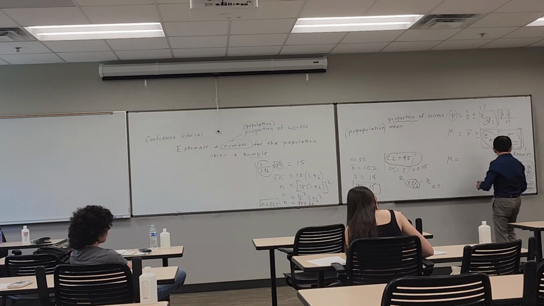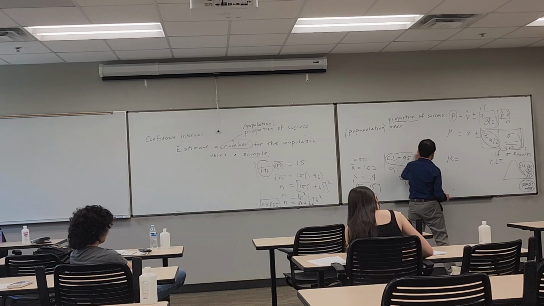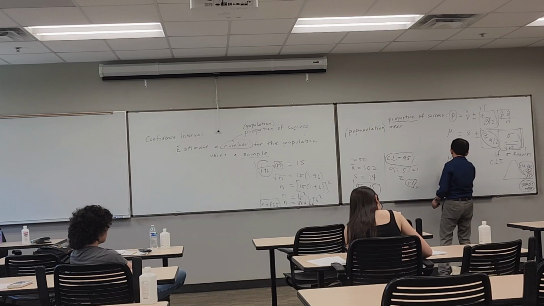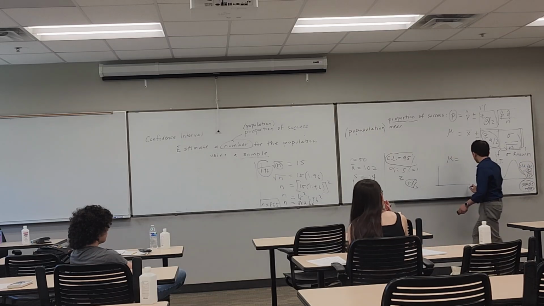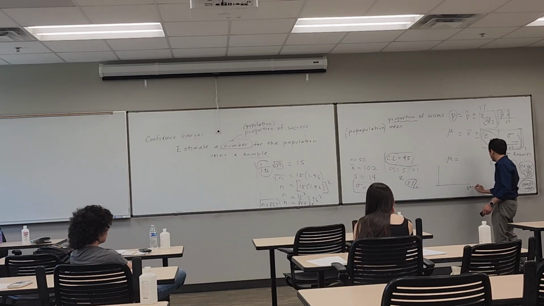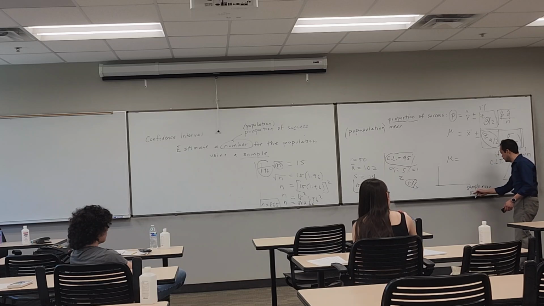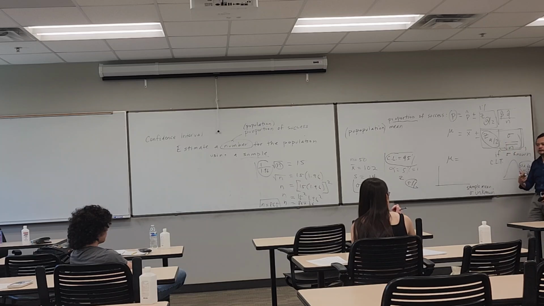So it turns out that if you plot the distribution of sample means when sigma is known, then you get this bell curve. But in the more realistic case, if you plot the distribution of sample means, and in the realistic case, when sigma is unknown, then it turns out that you get this new distribution.